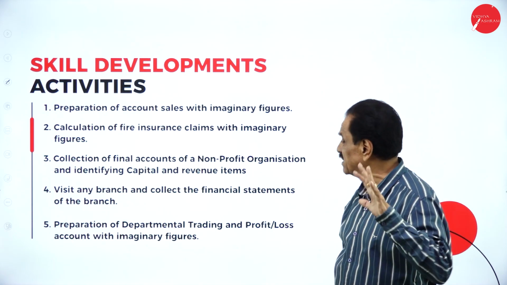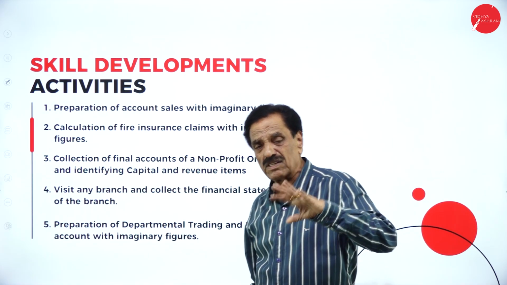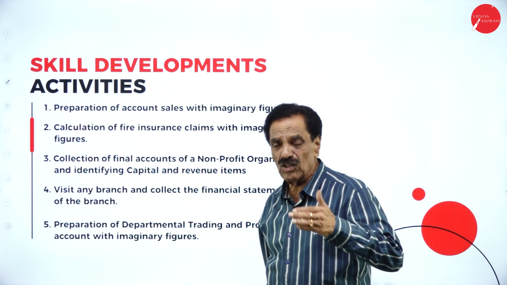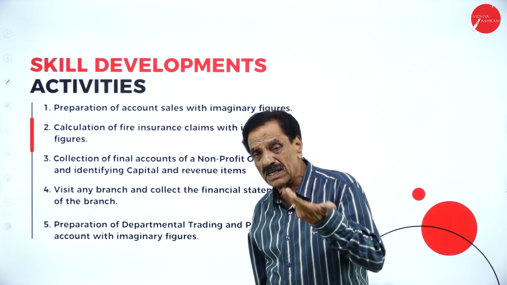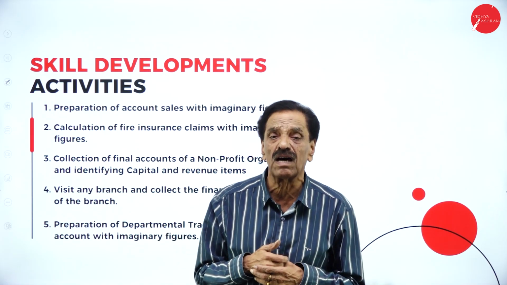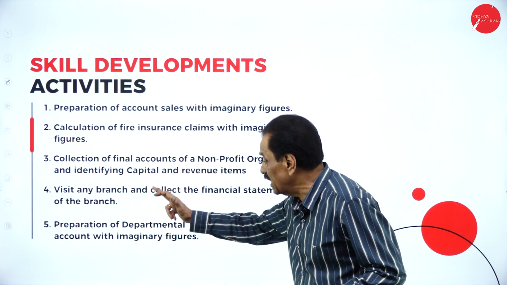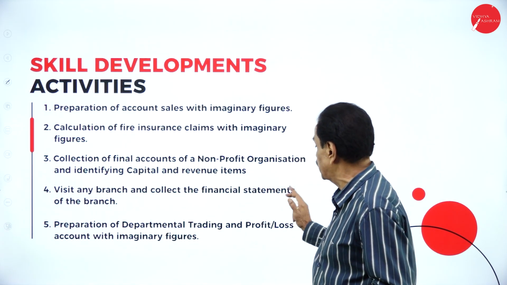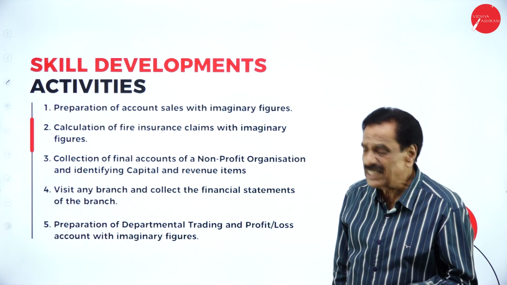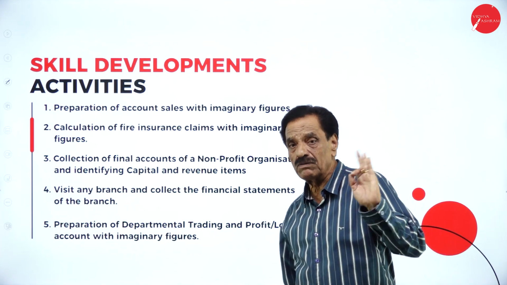You go outside, collect some accounts of a non-profit organization, and find out which are the capital receipts, which are the revenue receipts, which are capital expenditures, which are revenue expenditures. Then visit any branch and collect the financial statement of the branch, so we can understand how the branch works.